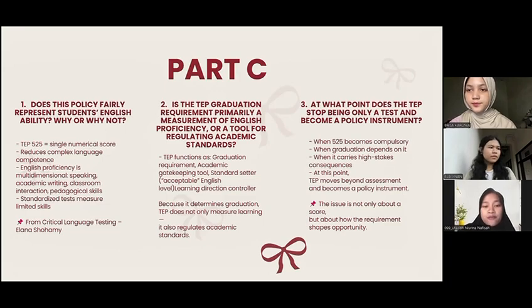From the perspective of critical language testing by Elana Shohamy, tests are not completely neutral and often simplify language ability. In reality, English proficiency is multidimensional, including speaking, writing, and pedagogical skill. However, standardized tests measure limited skills within a fixed time. Therefore, the fairness of the policy can be questioned.